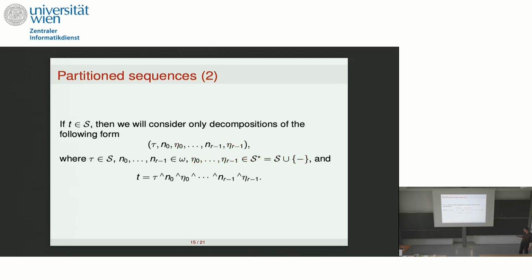If this is a decomposition of tau, then the concatenation of these sequences should be tau. If there is a minus, then we interpret minus as the empty set, and it doesn't appear in the concatenation.